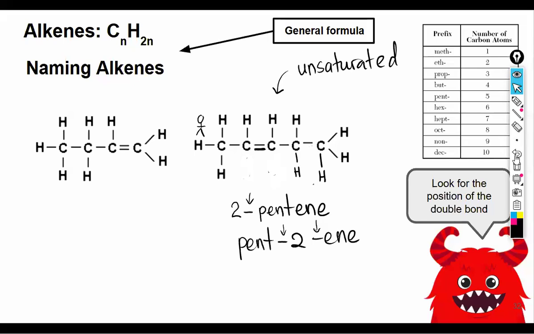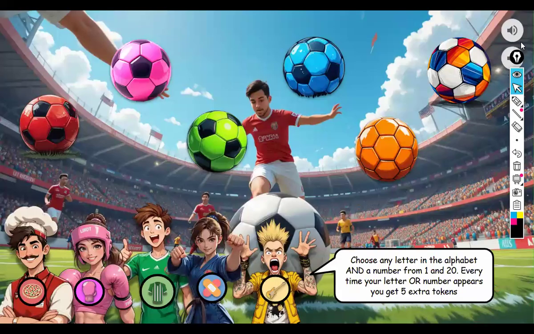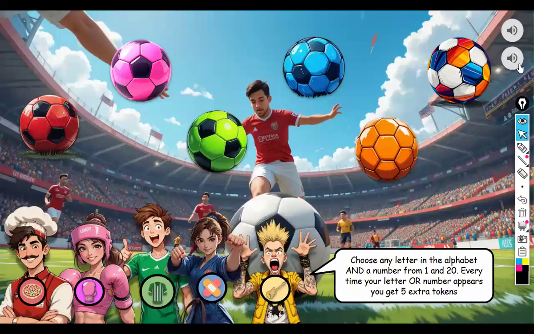Don't worry, I have a little brain relaxer now. All right, so let me see how to play this game. You have to say two things. You have to choose any letter in the alphabet and any number from 1 to 20, 1 and 20 included. So you're choosing a letter and a number.